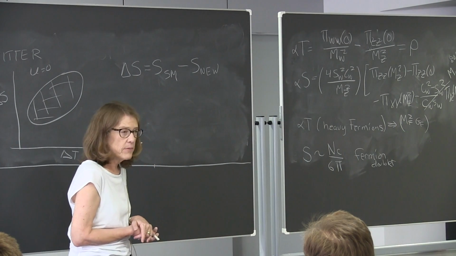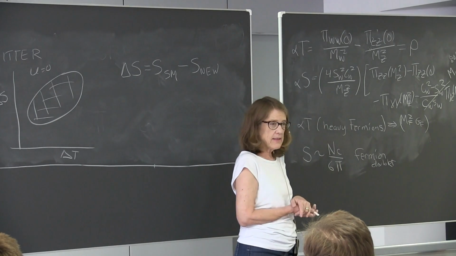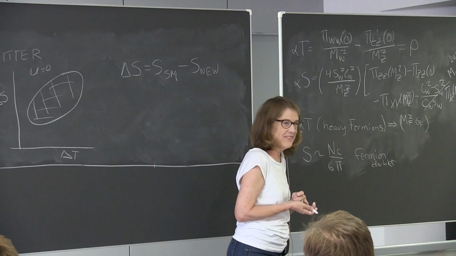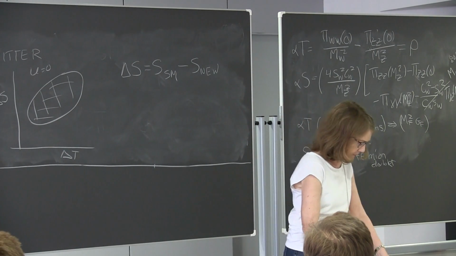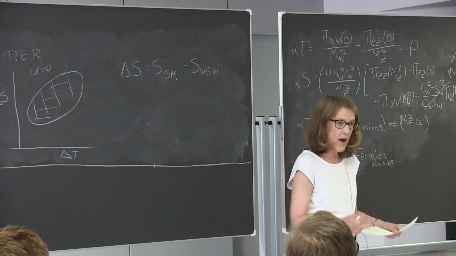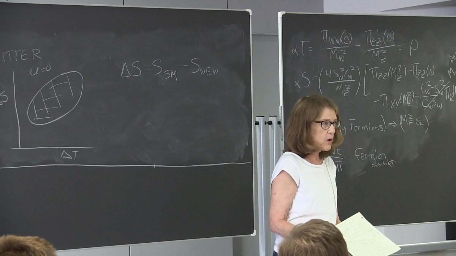If I just add a bunch of very heavy vector-like fermions, they still contribute. I'll show you an example with vector-like fermions. I'm going to work it out, and you'll see why it's not obvious that they completely go away. Any more questions on this?